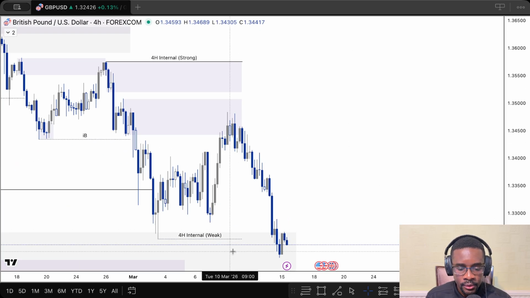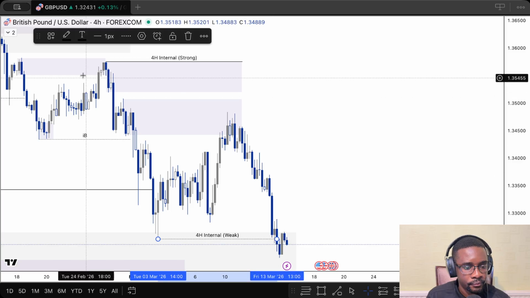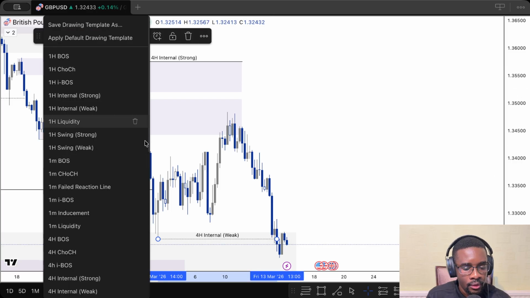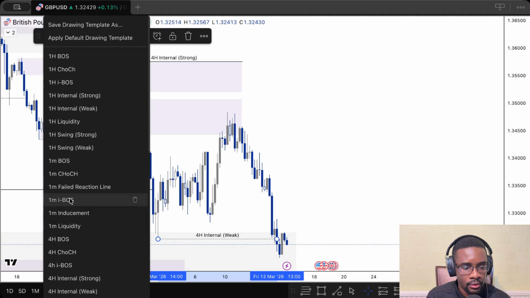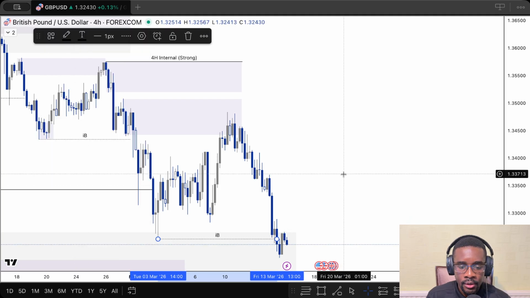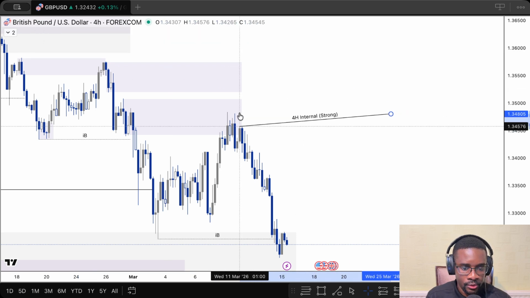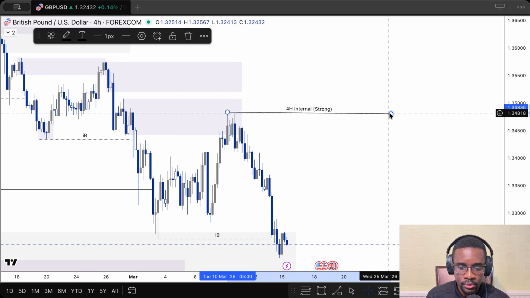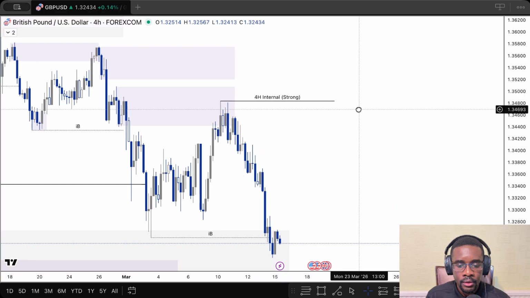That was our internal, and then we did break structure right there. So that's our 4-hour, 4-hour eyeballs, and then that shifts our range to there.